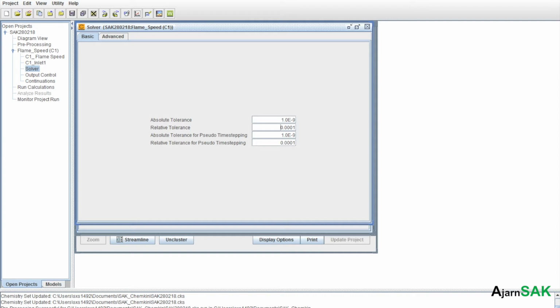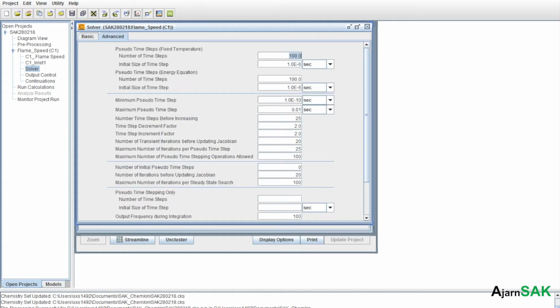It will take forever, or it will take 1 hour more for you to solve this problem. I usually keep that default because it's a good number in terms of what we are doing, like flame speed, concentrations, NOx. So I don't really change this one, but let's go to the advanced one.